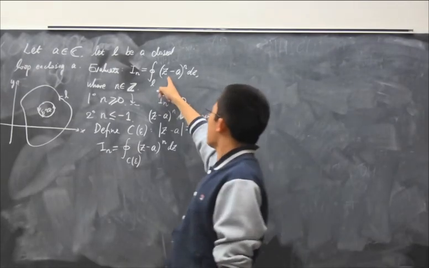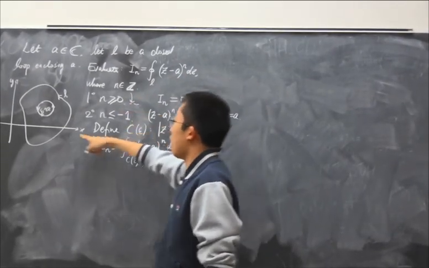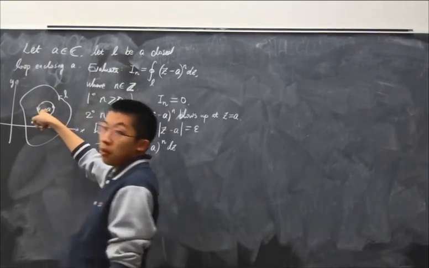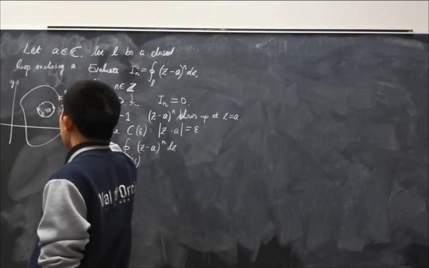The function z minus a to the power of n is only not analytic at this single point. Outside this single point, it's analytic everywhere.